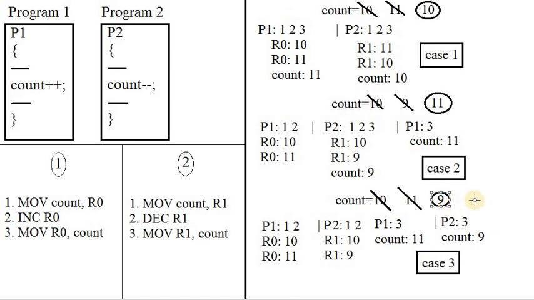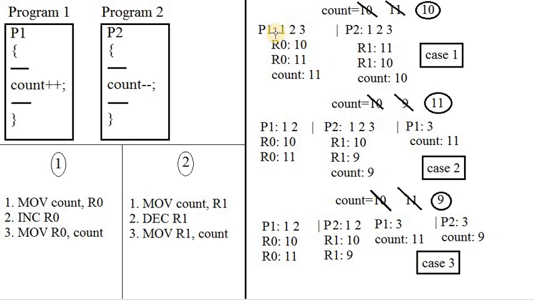So while you are observing these 3, which is the consistent value finally? After executing both the programs completely, whether 10 is the consistent value or 11 or 9, which is the best result, or which is the consistent result, right?